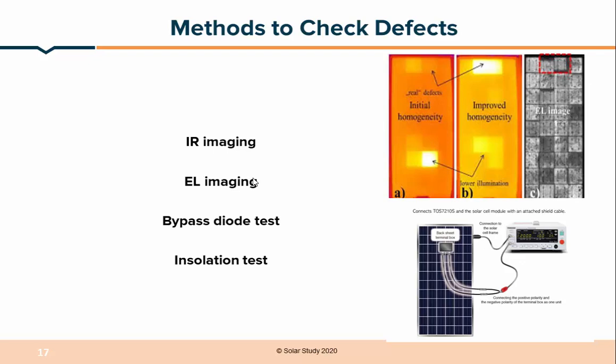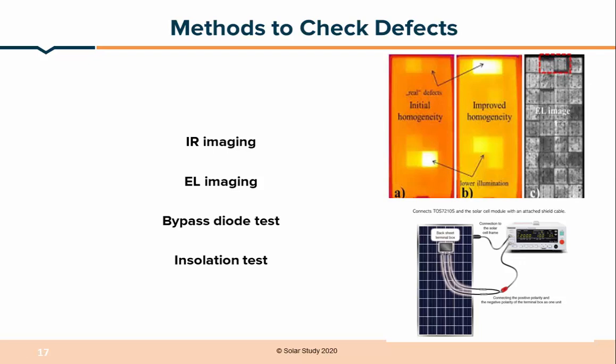Why is this insulation test required? When light falls on the module, it generates electricity, but that electricity should not come onto the aluminium frame. It should be completely insulated. If somebody touches the aluminum frame, he should not get any shock.